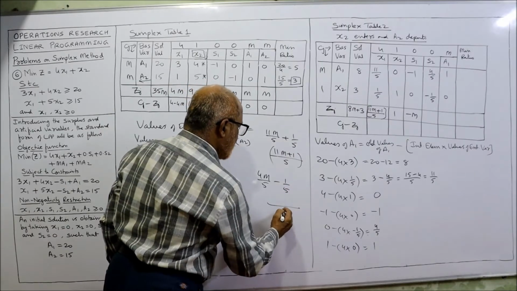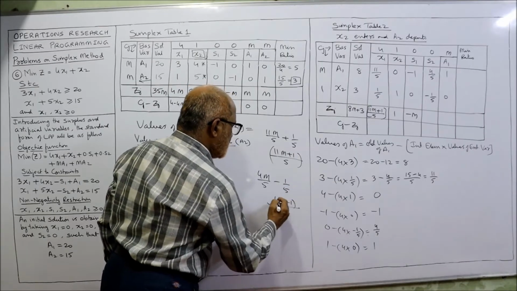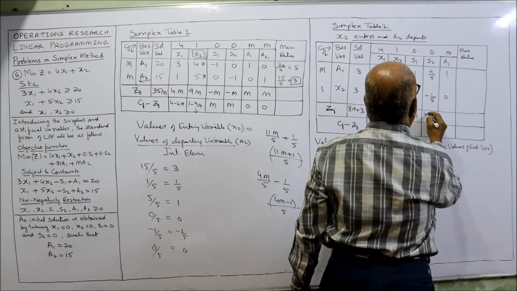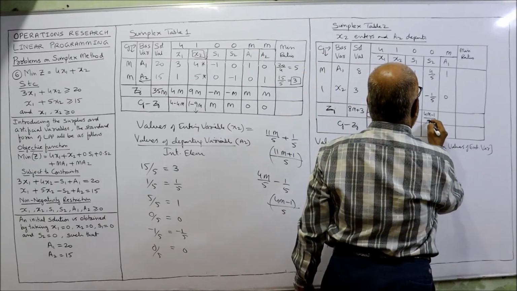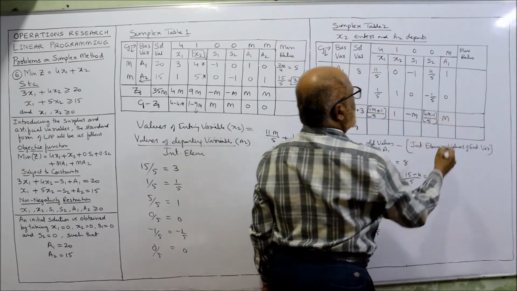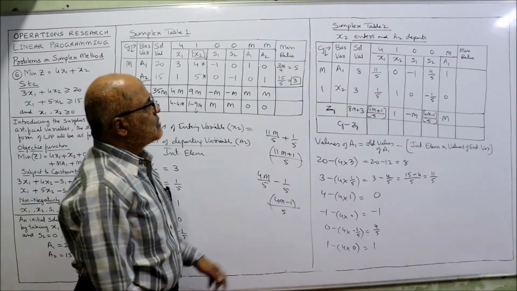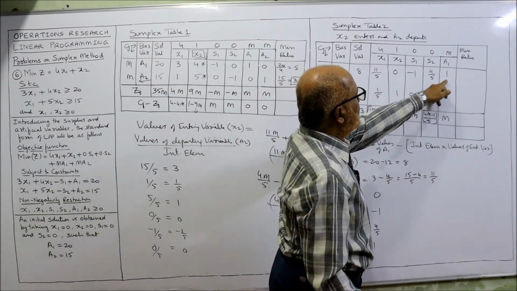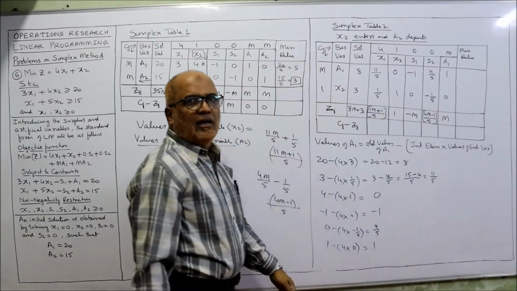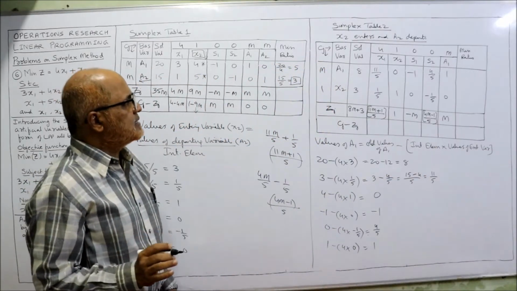So LCM is 5, 4M minus 1 divided by 5. Lastly, M into 1 is M. 1 into 0 is 0. So M. That's it. Now we need Cj minus Zj.